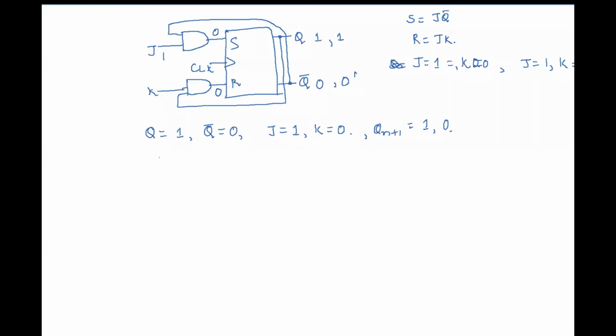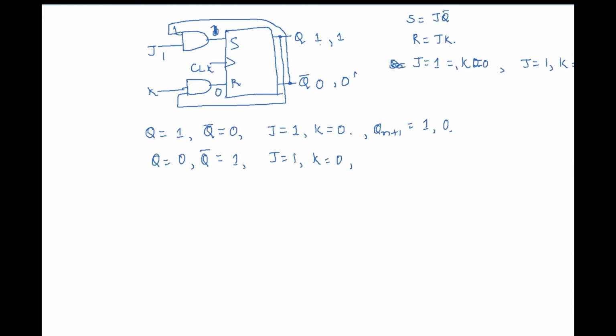Now consider the case when Q is equal to 0 and Q bar is equal to 1 and J is equal to 1, K is equal to 0. In this case, when J is equal to 1 and Q bar is equal to 1, this gives you 1, and when Q is equal to 0 and K is equal to 0, this always gives you 0.